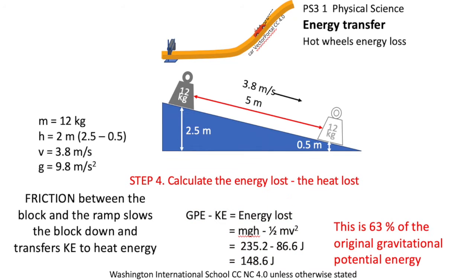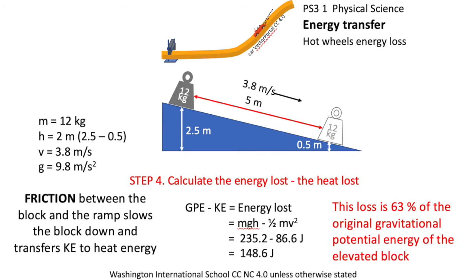That's the amount of energy that is lost. That's 63% of the original gravitational potential energy that a machine or activity could do, but actually 63% of it is lost through friction, and there'll be air resistance too.